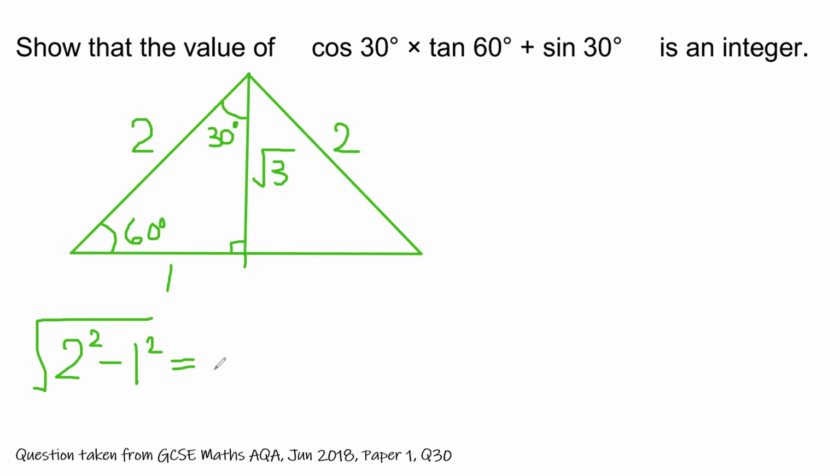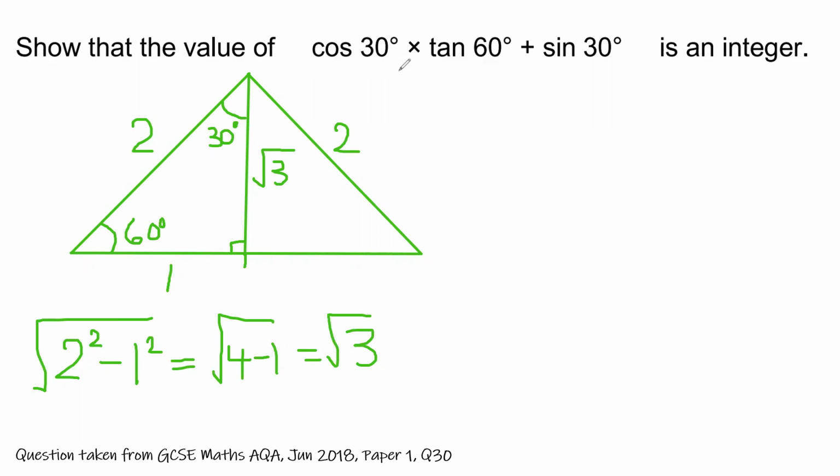So we end up with the square root of 4 take away 1, which is the same as root 3. Hopefully you're all confident, if you're tackling this question, with leaving this as a surd or an exact number.